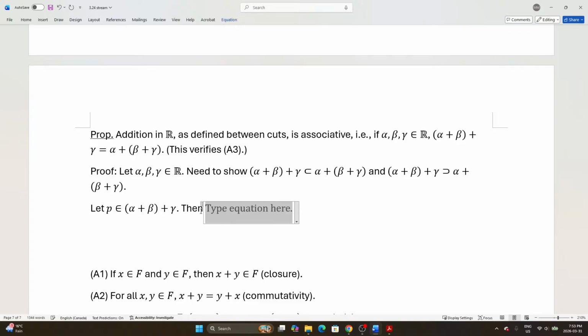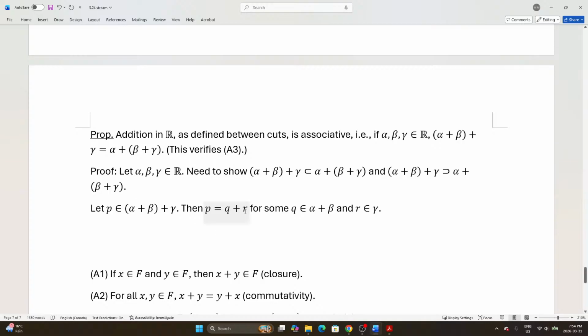Then P is equal to Q plus R for some Q in alpha plus beta and R in gamma.